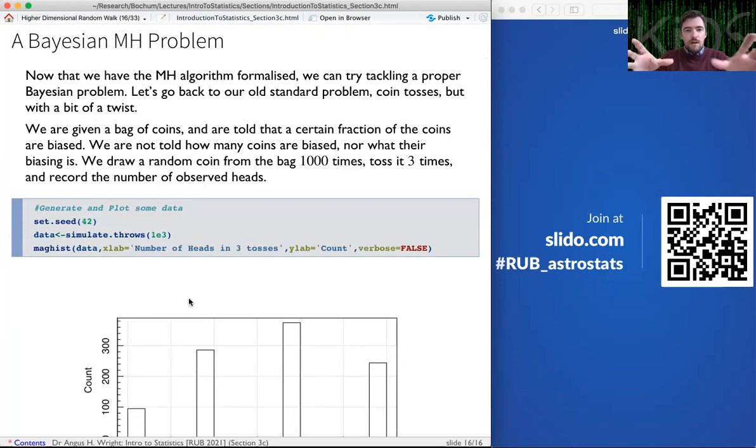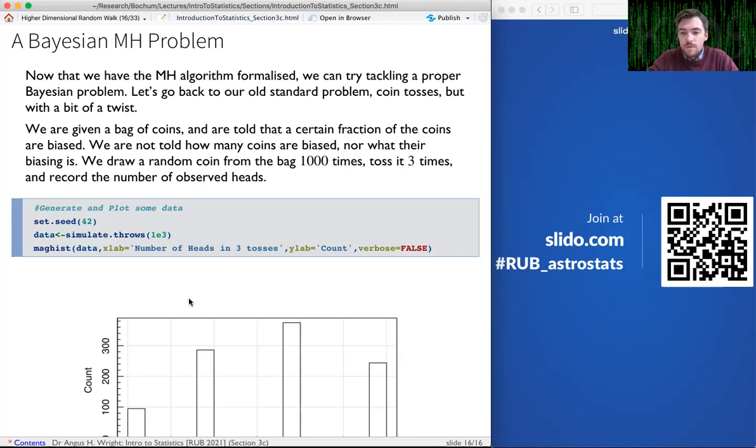So, last slide. Let's actually apply this to a Bayesian problem. Let's do the whole purpose of us being here, and let's make it an interesting one. We're going to use the Metropolis-Hastings algorithm that we just generated, and we're going to answer a real Bayesian problem that we don't know the answer to.